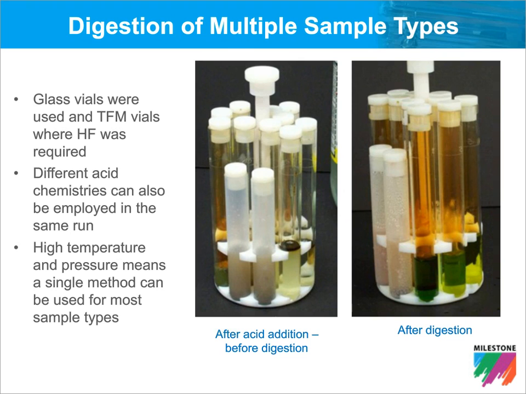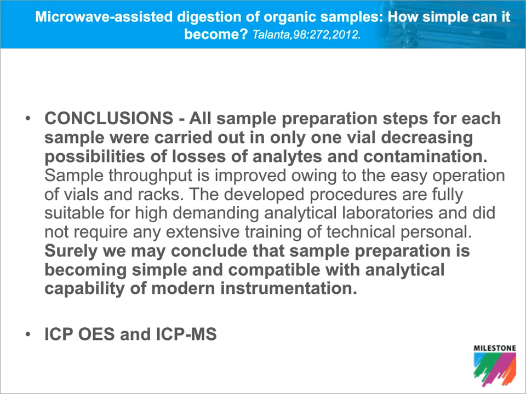In conclusion, it was pointed out that all sample preparation steps for each sample were carried out in only one vial, decreasing possibilities of losses of analytes and contaminations. And we concluded that sample preparation is becoming simple and compatible with the analytical capability of modern instrumentation.